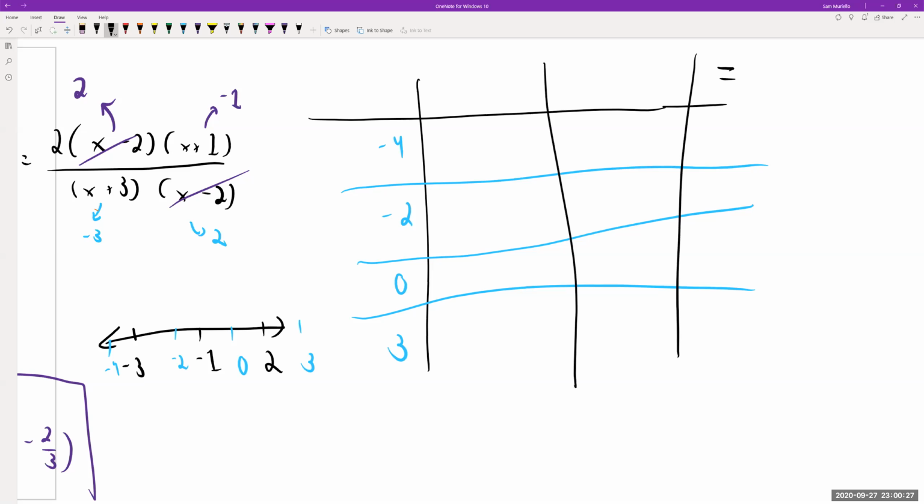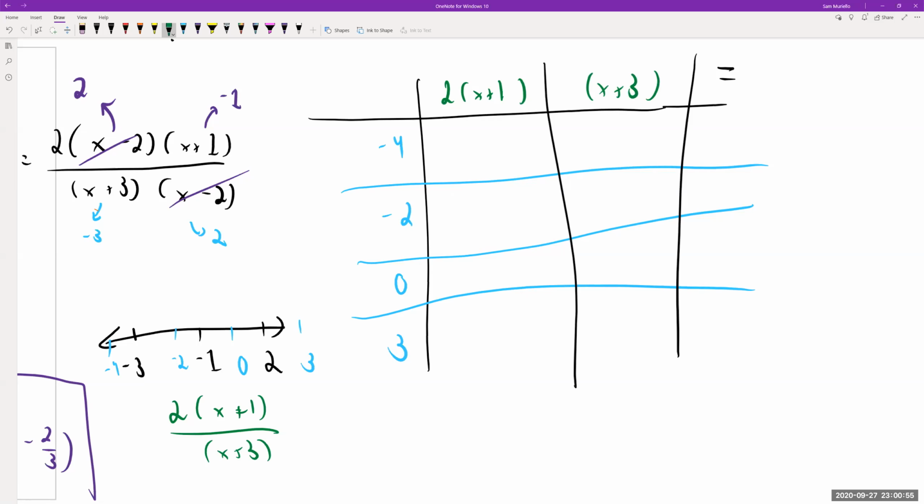And then we can construct this. Now, I'm going to ignore the x minus 2 when constructing the sign diagram because it cancels out. When constructing the sign diagram, you can focus on the simplified version, 2x plus 1 over x plus 3. So here's what I see. 2x plus 1 and x plus 3 are the things I'll need to focus on.